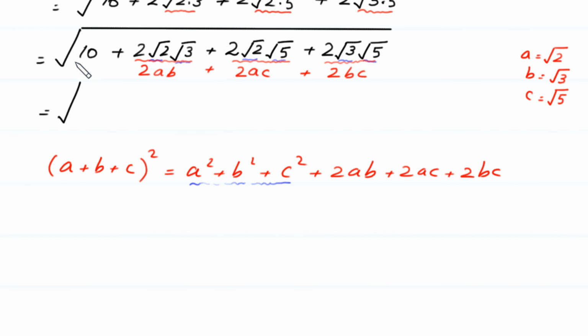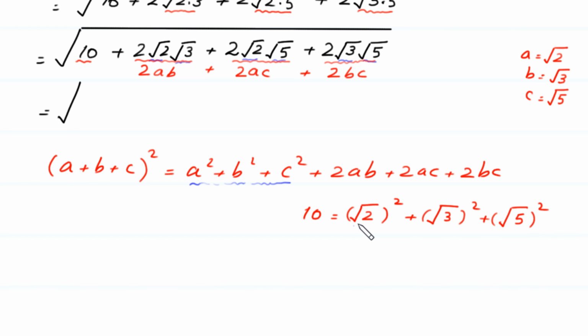So we write this 10 as, this 10 is equal to square root of 2 squared plus square root of 3 squared plus square root of 5 squared.